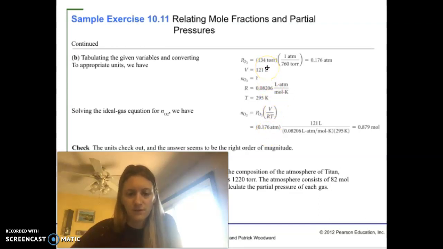But first we have to convert the 134 torr into atmospheres by dividing by 760 torr. That gives you 0.176 atmospheres, which is going to go here for pressure. The 121 goes on top for volume, then gas constant, temperature. Remember, multiply first, then divide, and we're going to get 0.879 moles of oxygen.